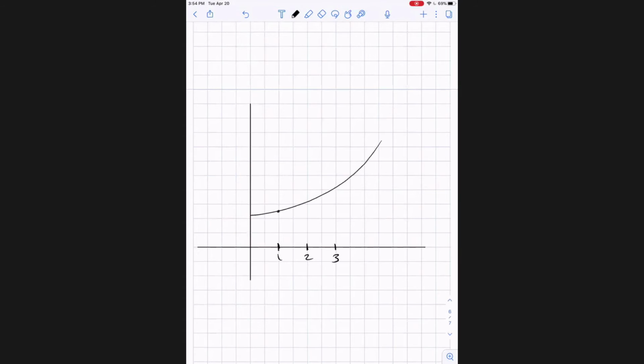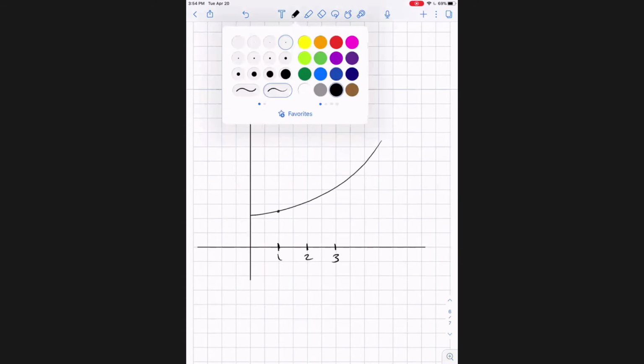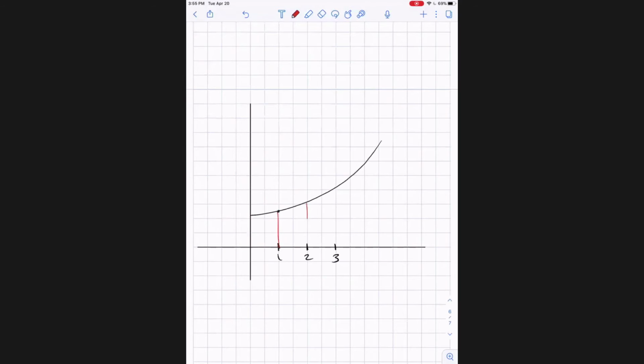So notice, if you're trying to get a decimal approximation, there's an error here. But if I made more rectangles, the error amount would get smaller. Because then you can just erase this little part right here, erase this little part here, erase this little part here.